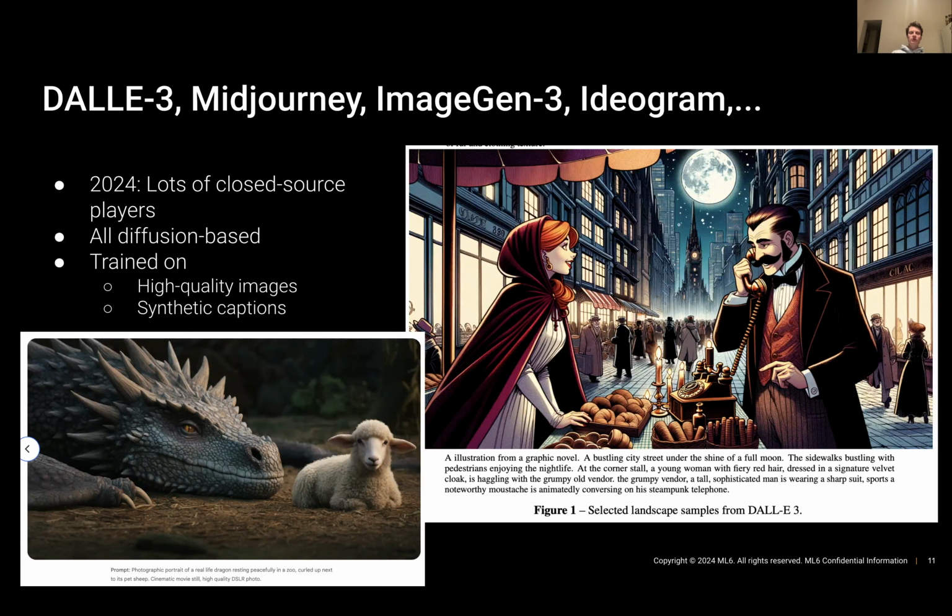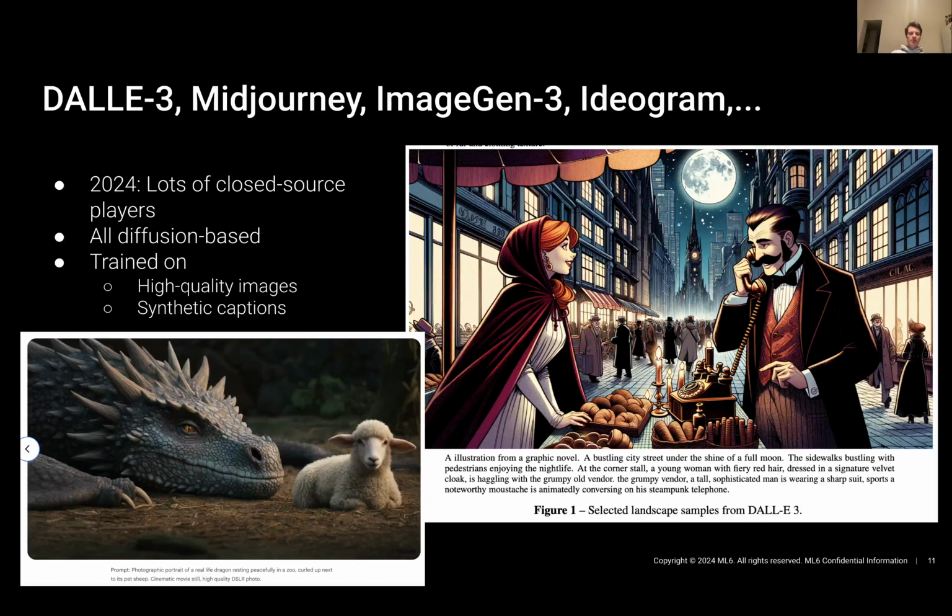So after DALL-E 2, OpenAI released DALL-E 3, but many other players started to appear, like Midjourney being a very popular one. It actually became the most popular Discord server because initially people could only use Midjourney through Discord. Google came with their Imagine 3. There is Ideogram, which is another player in the generative AI space for vision.